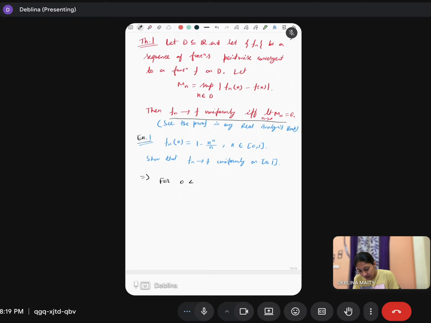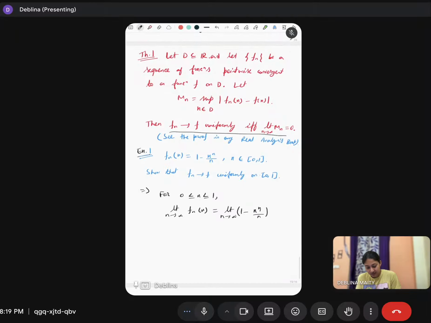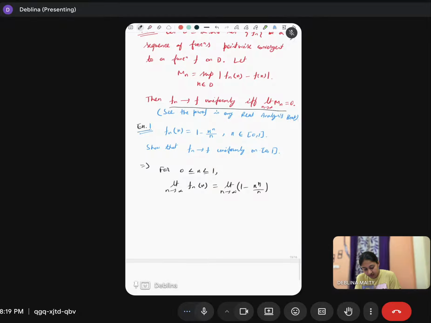For 0 less than or equal to x less than 1, the limit is going to be 0. For x equals 0 this is also 0, and for x equals 1 this is also 0.